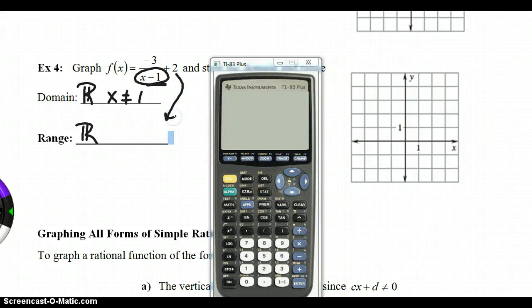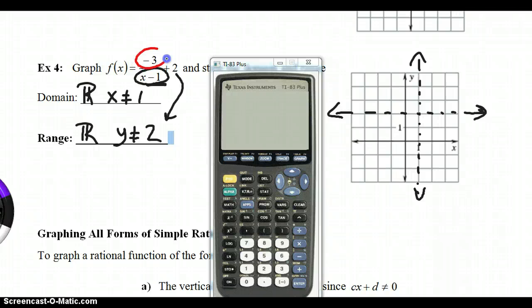And this number that's out here is what y will never equal. So here we'll have y cannot equal 2. Here we'll have x cannot equal 1. And then when we punch it in, we'll expect a hyperbola. We might be surprised that our hyperbola is going to take a little bit different shape, but we'll see what happens when we have a -3 in there.